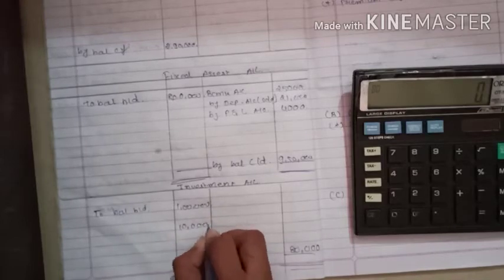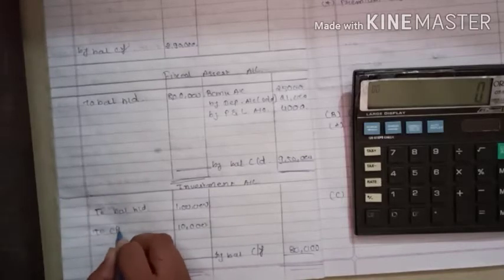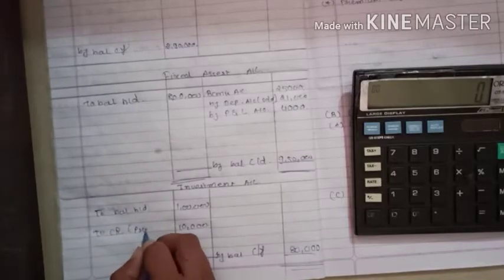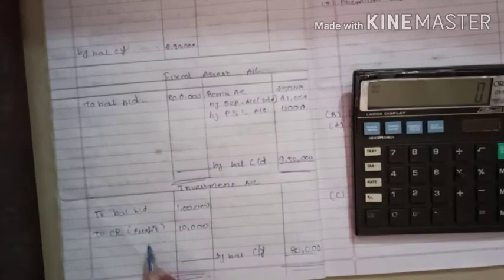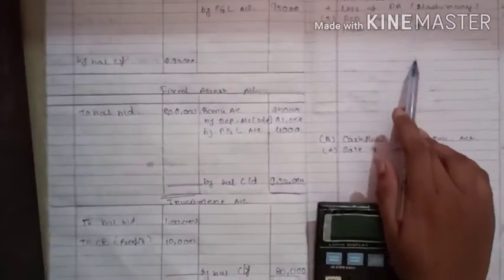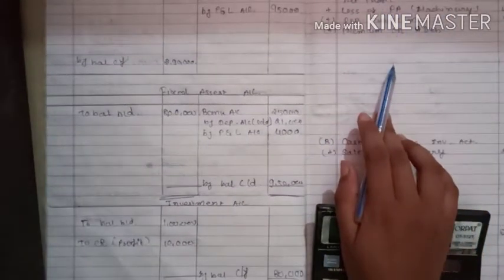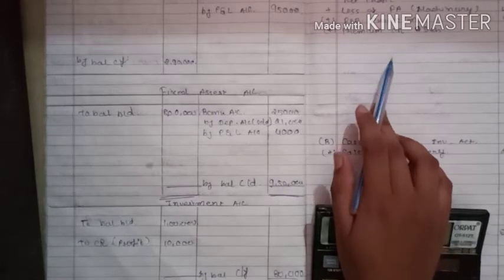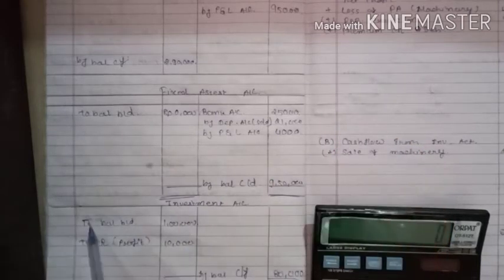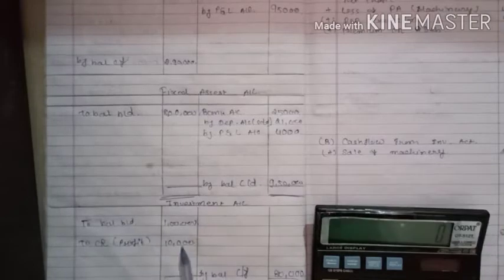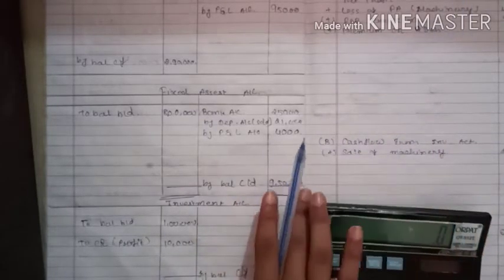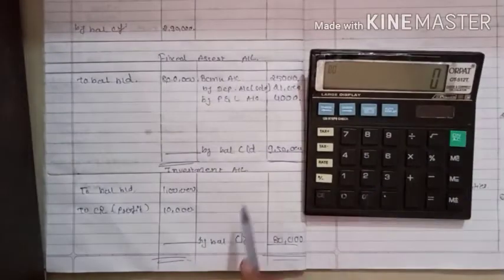So 10,000 to capital reserve, in brackets profit. If this profit were transferred to the P&L account, then it would affect the operating activity, right? But since we transfer the profit to the capital reserve, there is no need for the effect of rupees 10,000 in here. So let's find out how much investment we have sold.